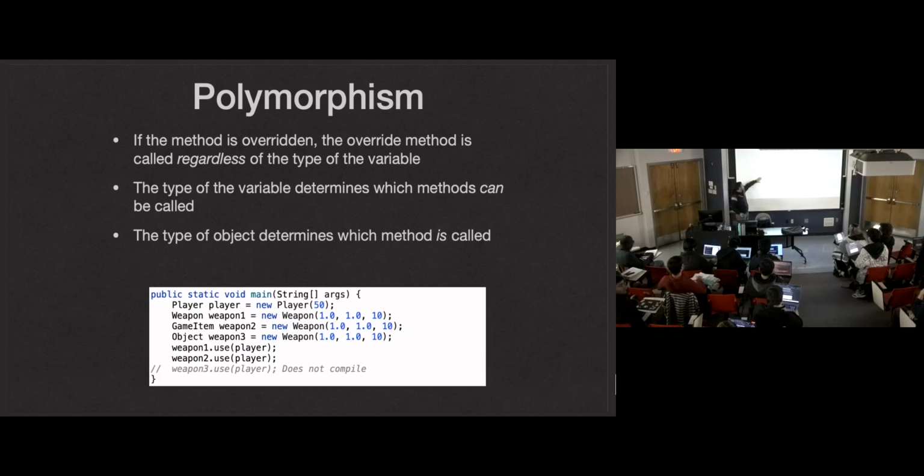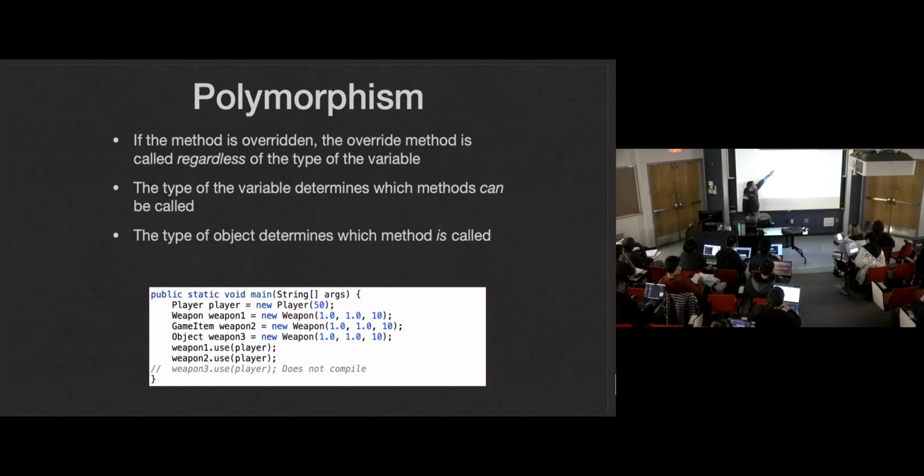So when we're using polymorphism like this, and this gets a little nuanced, it's just something we've got to get used to. The type of the variable determines which methods can be called. If the variable doesn't know of the existence of a method, it can't call that method.